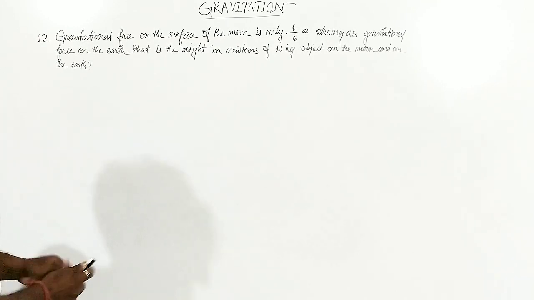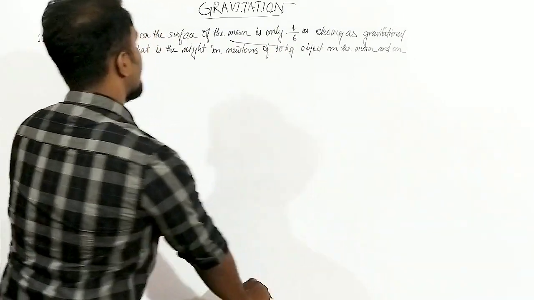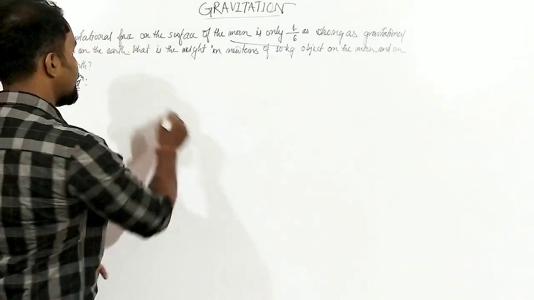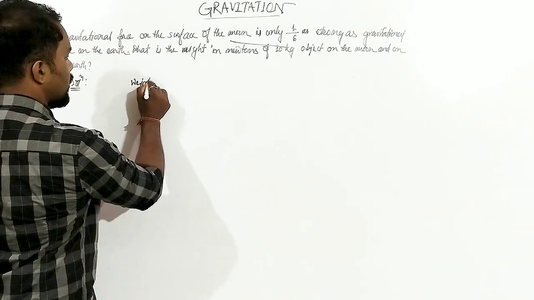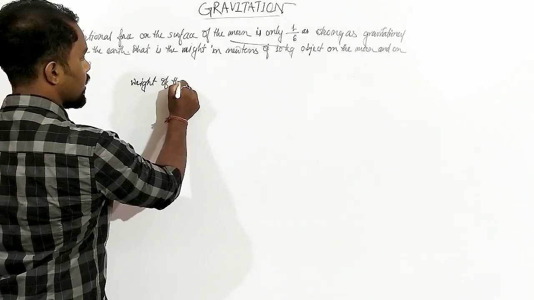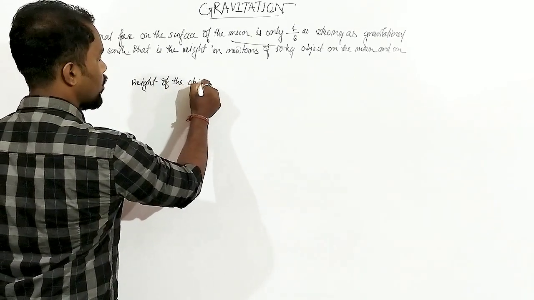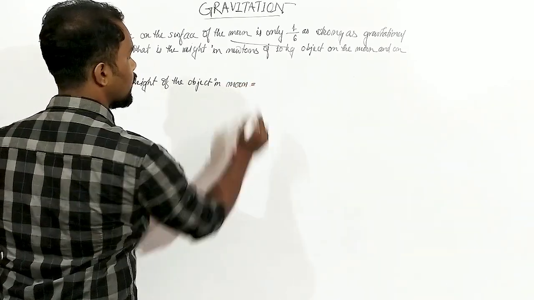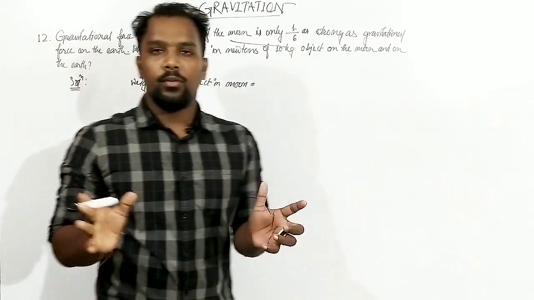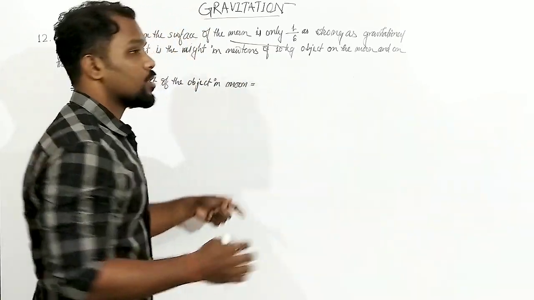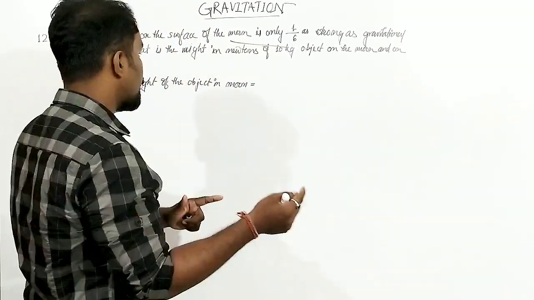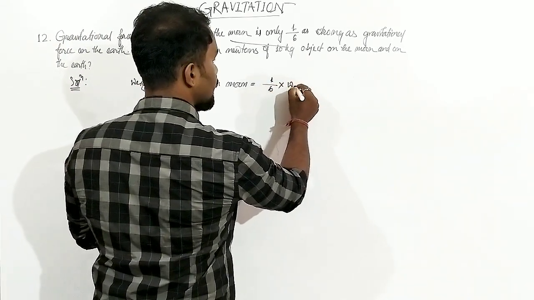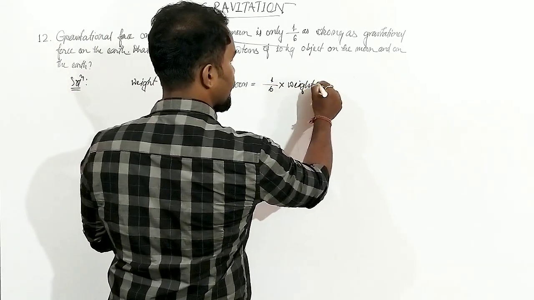See, first thing is what is given. We have to write the solution. What we know is that the weight of any object on the moon is 1/6 times the weight of the object on the earth.